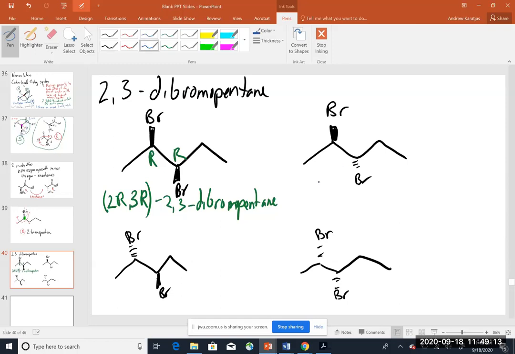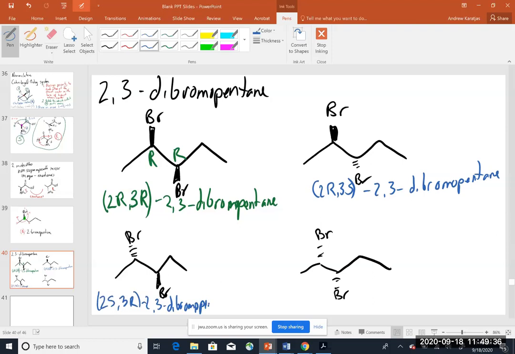The one on the right here is 2R,3S-2,3-dibromopentane. On the bottom left, we have 2S,3R. And finally, we have 2S,3S-2,3-dibromopentane.